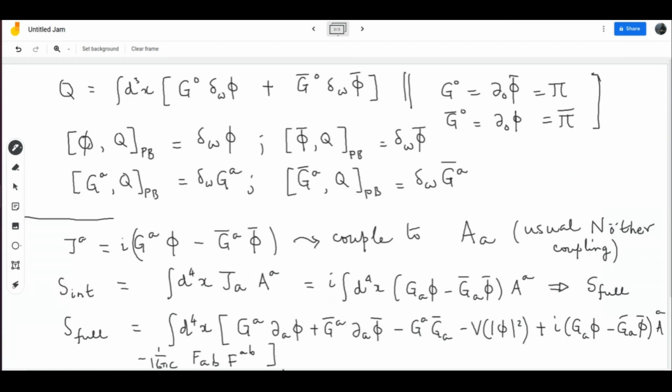So this is the complete action where we know what FAB is. FAB is del A AB minus del B AA.